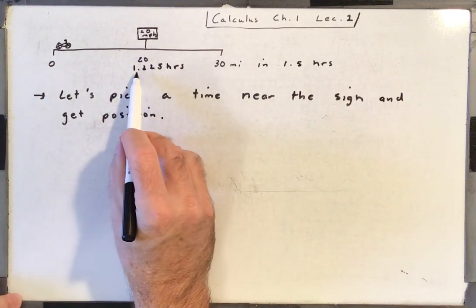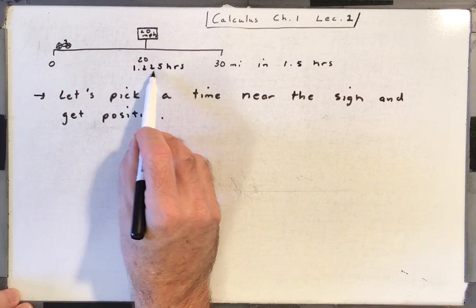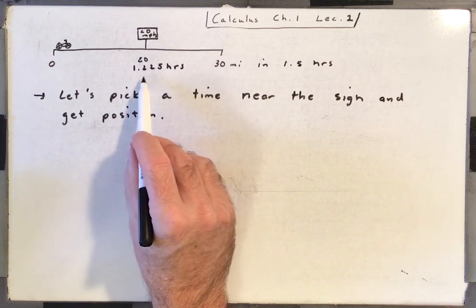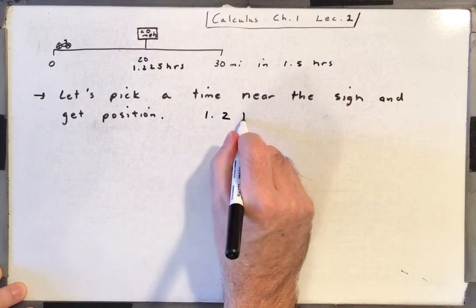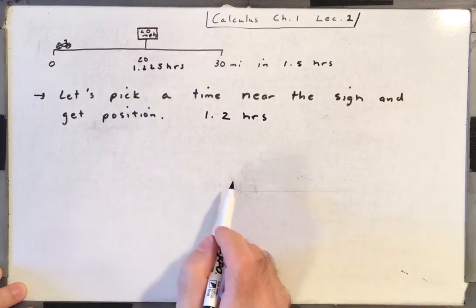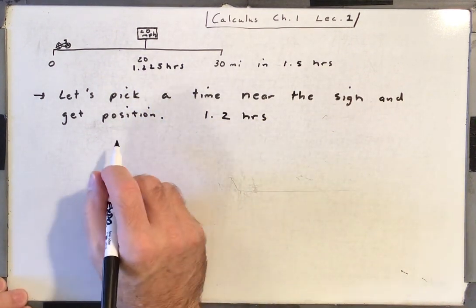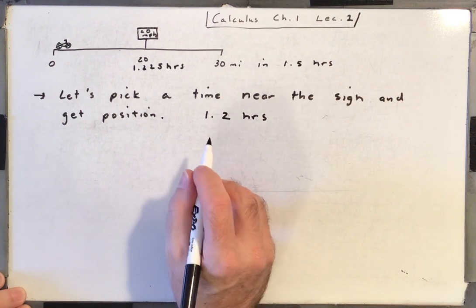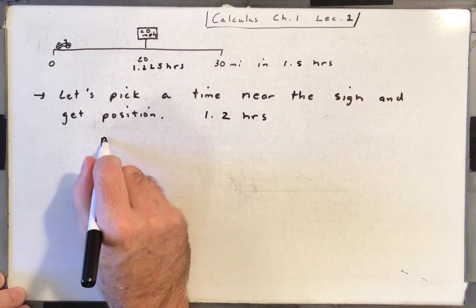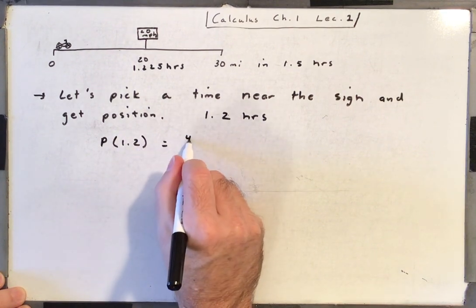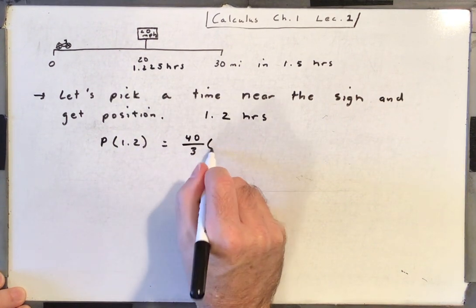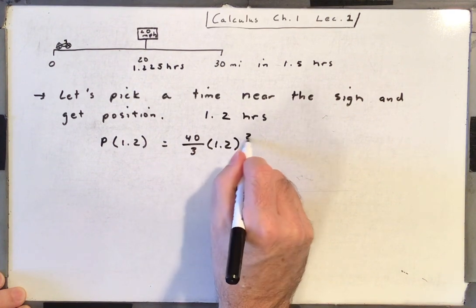Okay, instead of 1.225 hours, I'm going to pick 1.2 hours. That's close to 1.225 hours. So we know that P of 1.2 hours is going to be 40 over 3 times 1.2 squared.